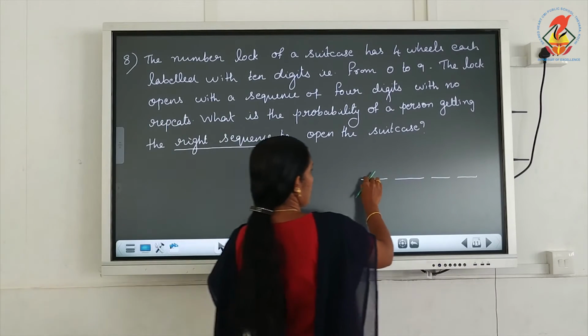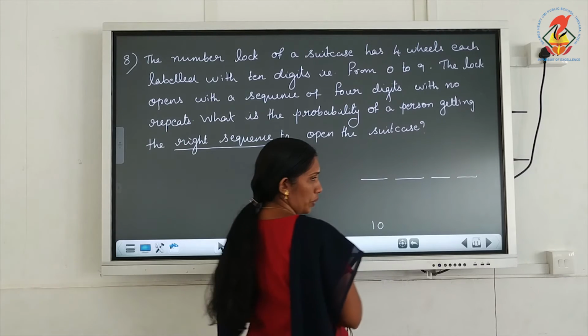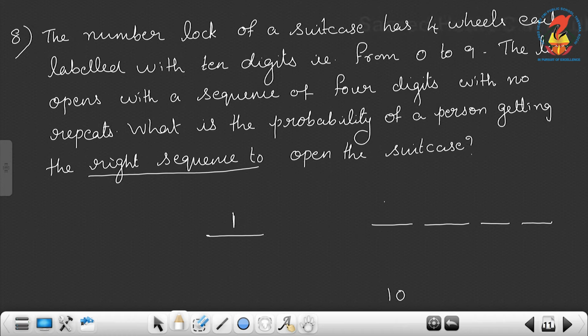So for the first place we have 10 digits, 0 to 9. So this place we can use 10 digits. For the next one, repetition is not allowed, so I can use only 9, here 8, here 7. But children, for this particular lock there are 10 digits, 0 to 9, we can rotate 0, 1, 2, 3 like that.